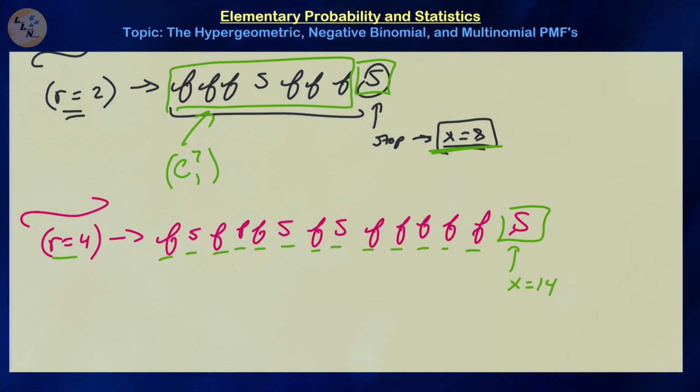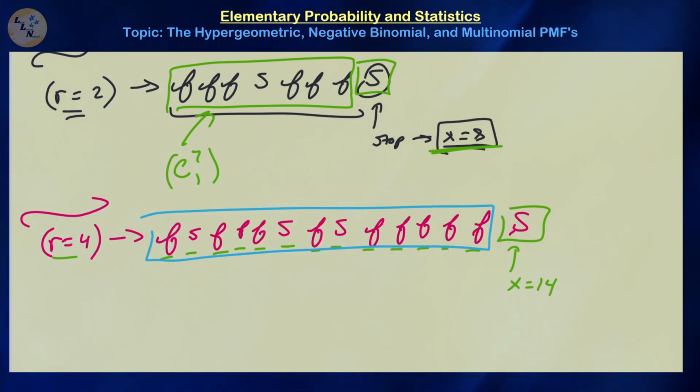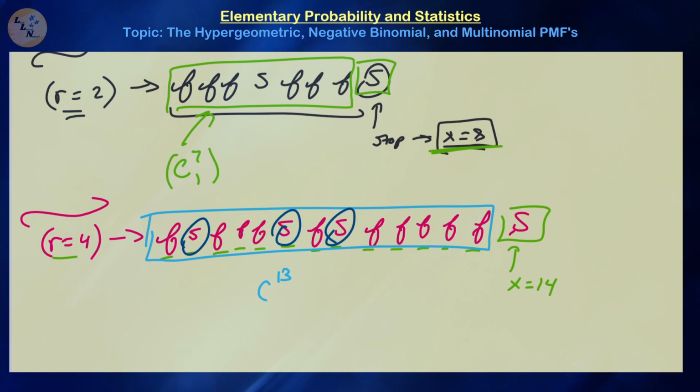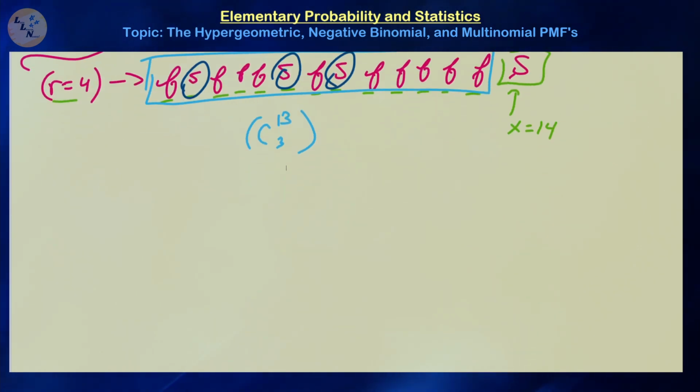So how many rearrangements of the other objects are allowed for this particular structure? Because there's definitely several of them. That means we have 13 objects that we are rearranging, and we have 3 successes that we want to permute. If we're focused on the successes, then that's going to be 13 choose 3. Or you could focus on the number of failures, and you would get the same exact number of combinations. So using this structure, this is equivalent to C(14 minus 1, 3).